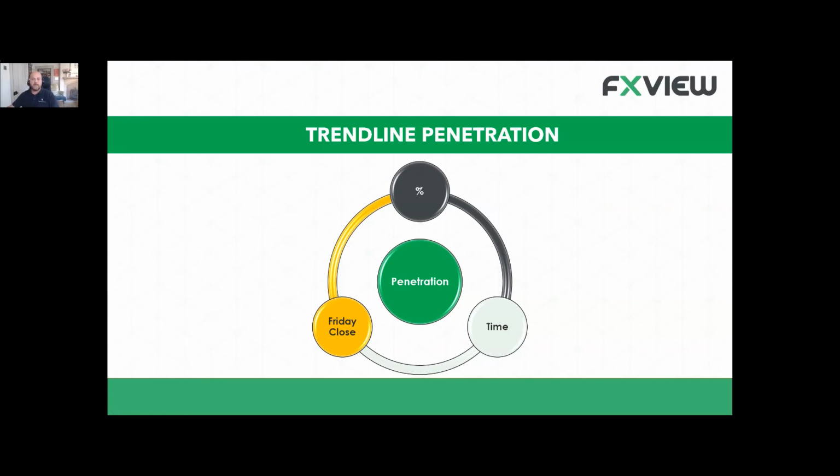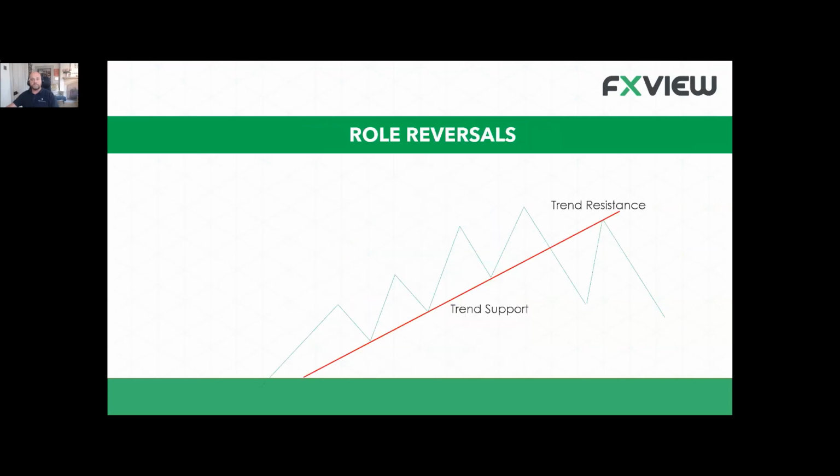You can have a move during the week where we spike through a trend line and the price action fails to move on and comes back below the trend line, or above the trend line in an upward trending scenario. The close on a Friday is much more significant. That would be a daily close below, but also a weekly close below or above the trend line. So they're much more important timeframes to be looking for when it comes to trend line penetration.